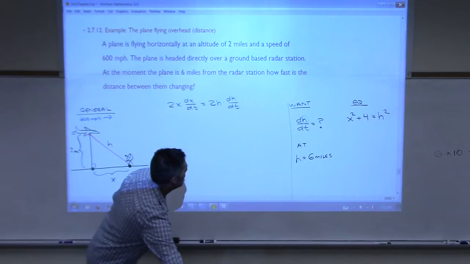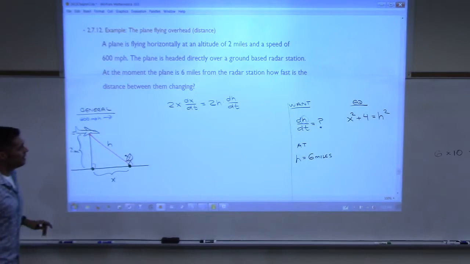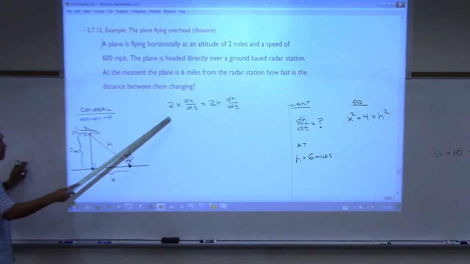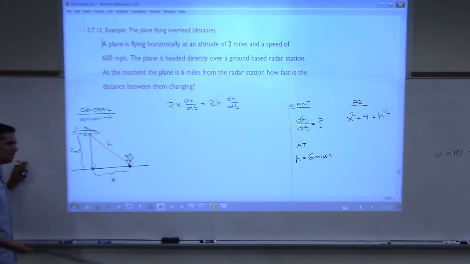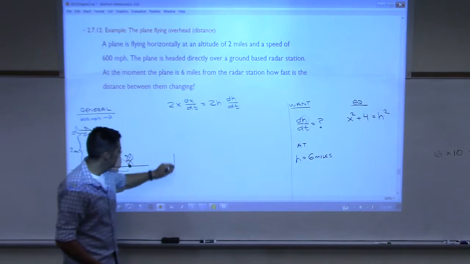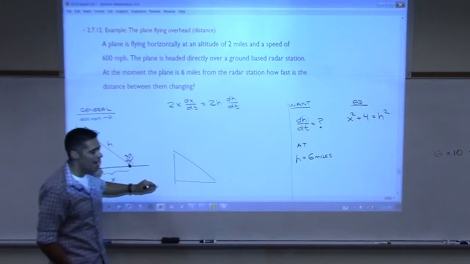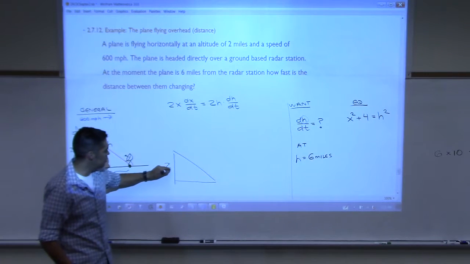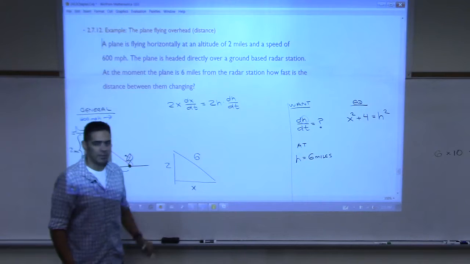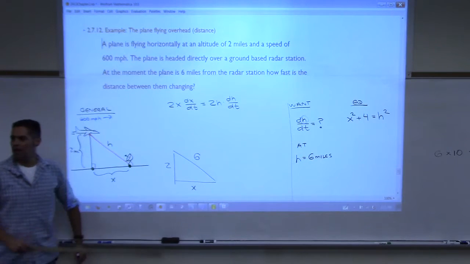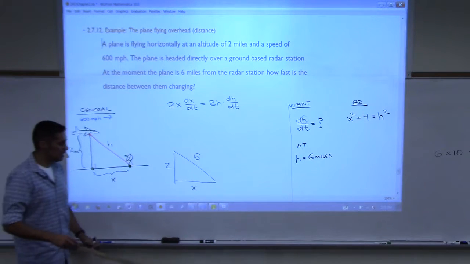So when we look at this, all right, do I have x at the moment in time? No, I don't. What I do have, I erased the picture, was this was 2, and this was 6, right? And this was x. I hadn't figured out what x is, so I'm going to need to find that.